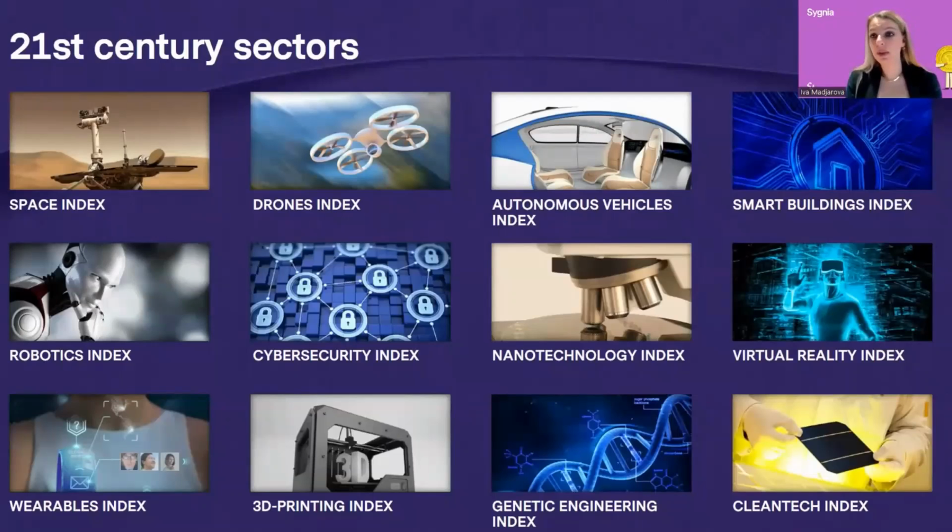In the robotics index, companies that are involved in all of these new types of robotics technologies. 3D printing, very exciting sector. 3D printing is no longer just limited to some small insignificant components, but it's used in dentistry, and they can even print human tissue.